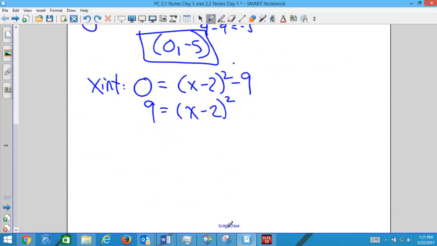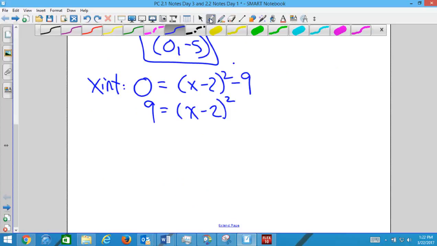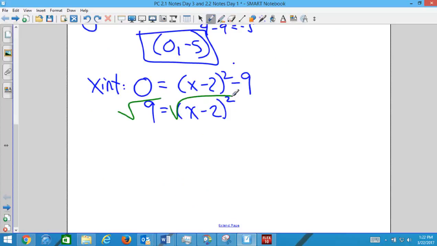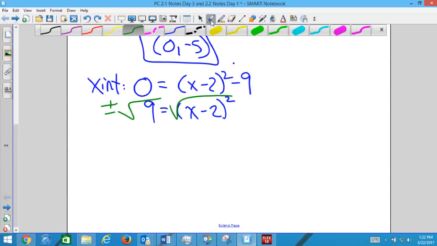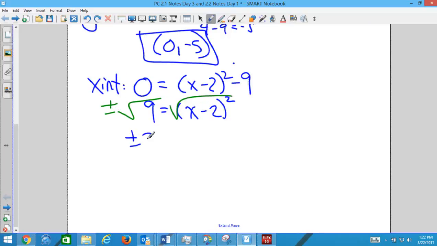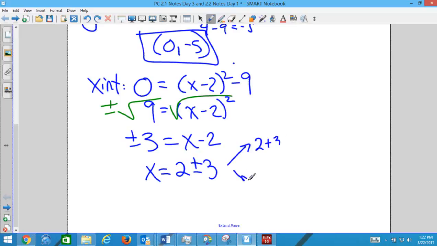And then once we have the square by itself, we're going to do what? Square root, but if I square root it, I'm going to do something else: plus or minus. There should be 2 answers, hopefully. And then set it equal to x. So we have 2 plus or minus 3. So I've got one answer, 2 plus 3, and the other answer, 2 minus 3. 5, 0, and negative 1.